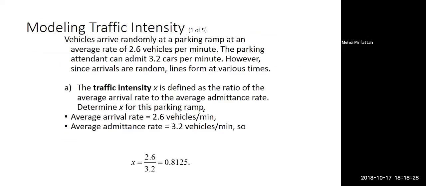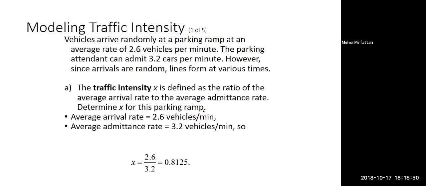This is an example modeling traffic intensity. It says vehicles arrive randomly at the parking ramp at an average rate of 2.6 vehicles per minute. The parking attendant can admit 3.2 cars per minute.